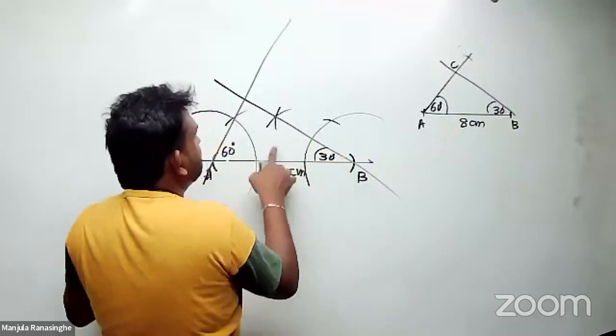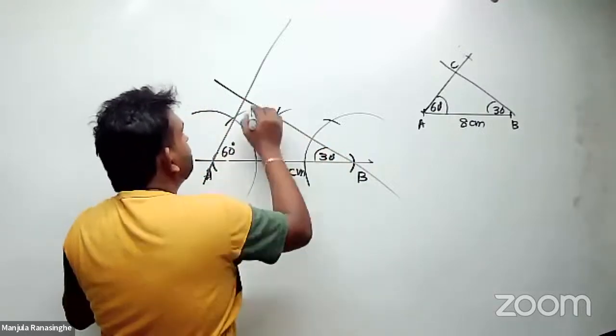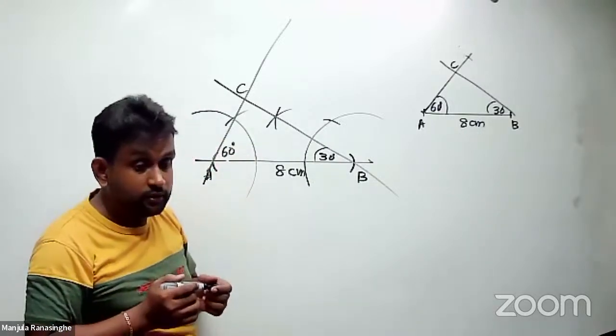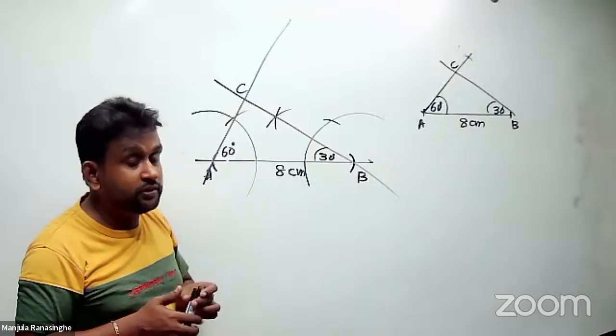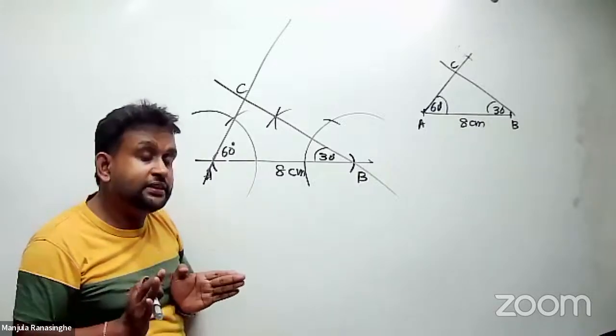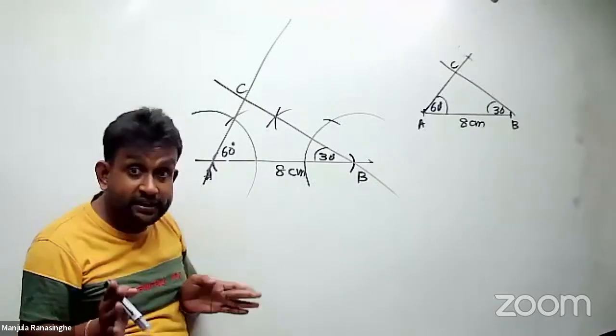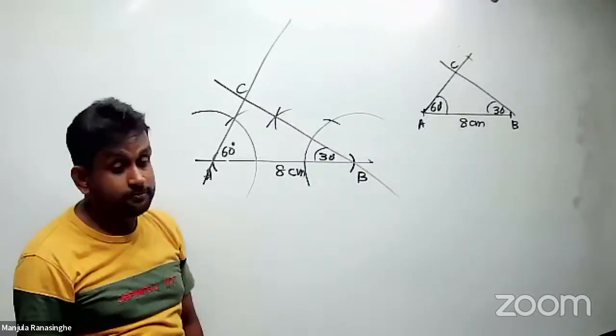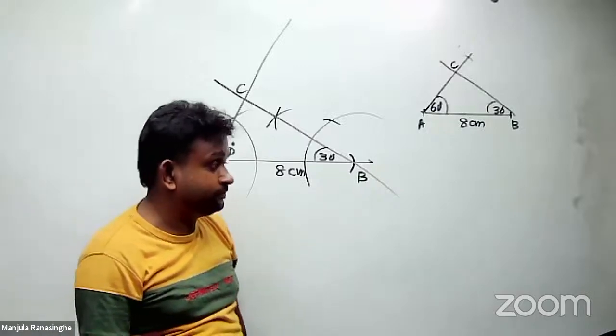So automatically these two sides are produced. That is the concept. The ABC triangle is created. So if you know how to draw angles and how to draw sides, then the triangles can be created.